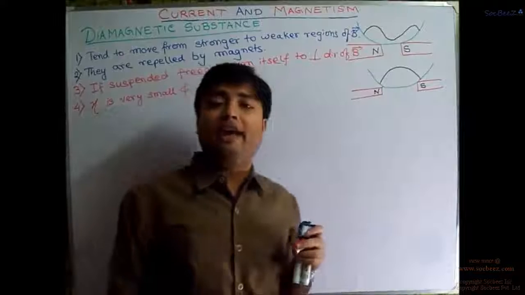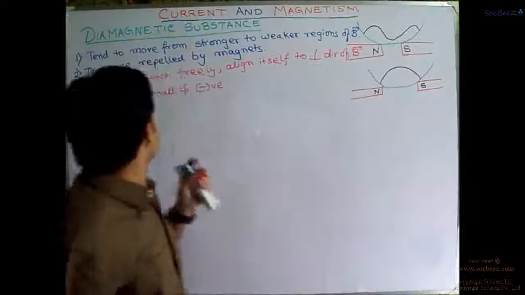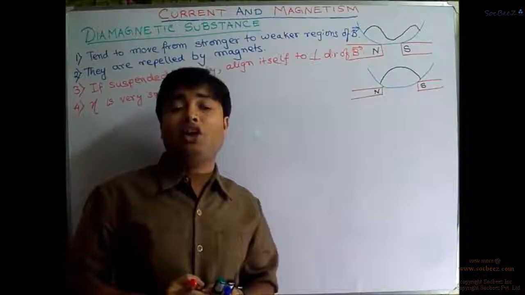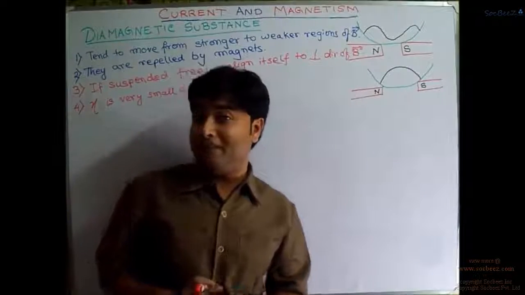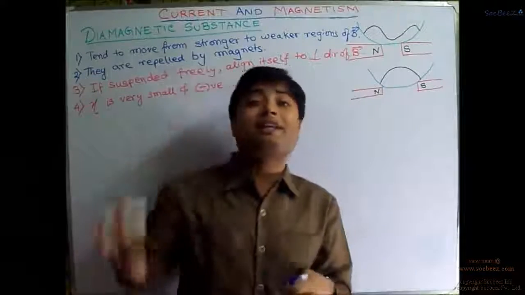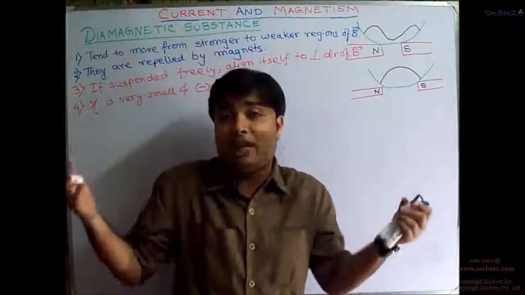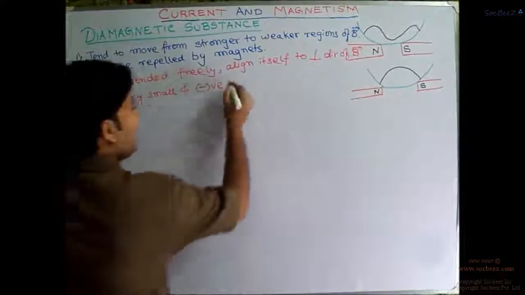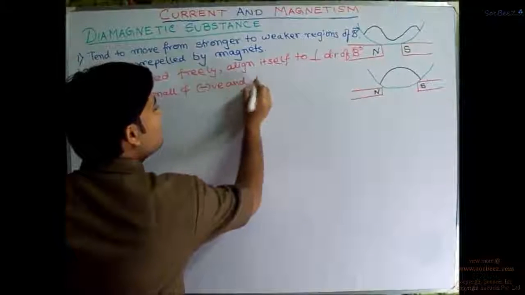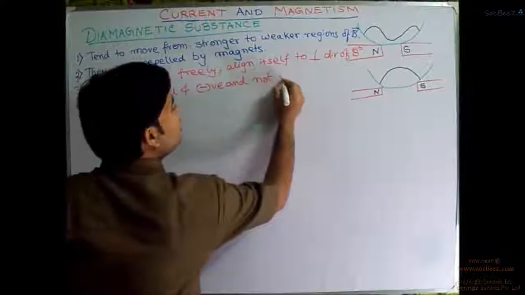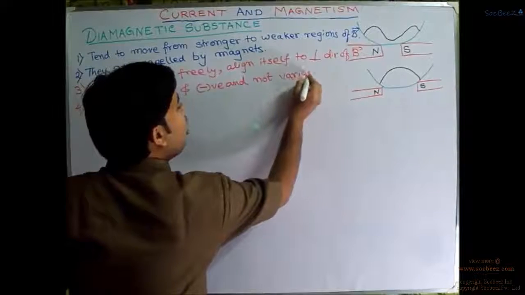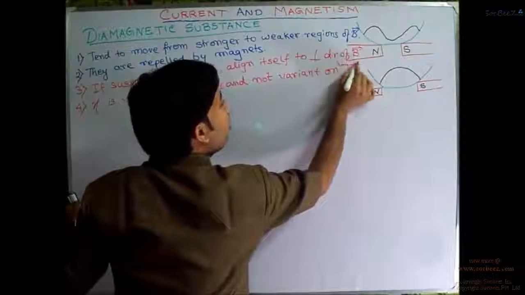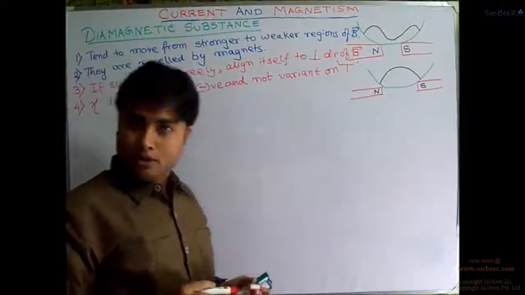And it may be noted again that the susceptibility is invariant of the temperature, which means that if we increase or decrease the temperature, it will not have any effect on the diamagnetic substances. So we can say it is not variant or dependent on T, the temperature, right?